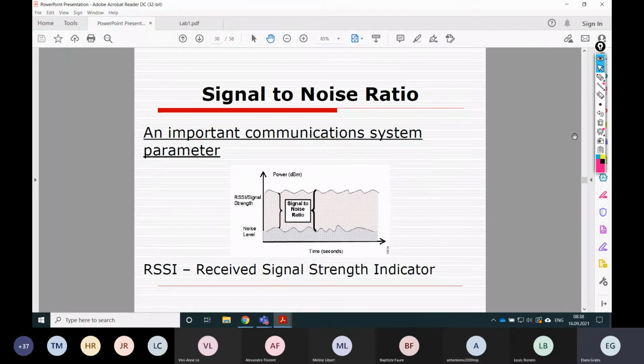This is actually a very important parameter in communication systems, and it defines the ability of the signal to withstand this noise and how many errors there will be.